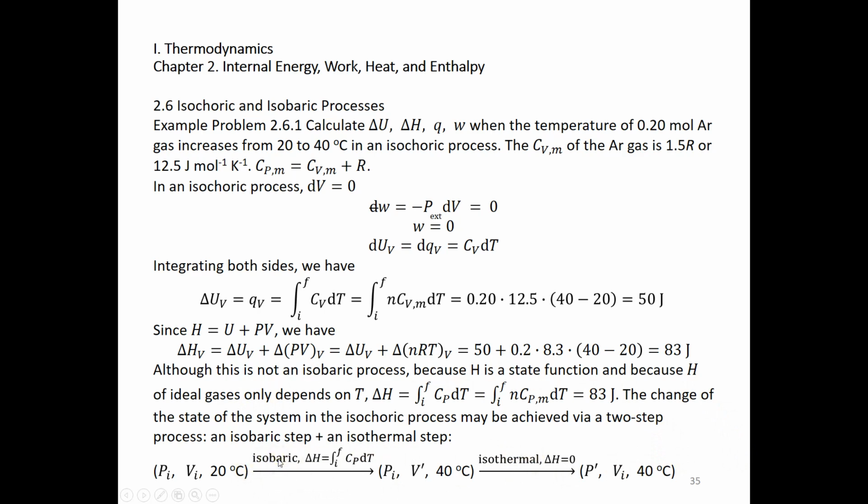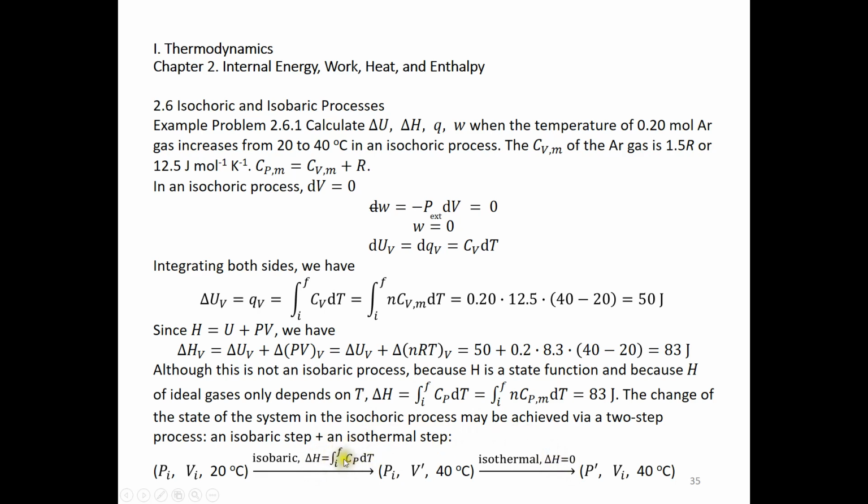In the isobaric process, I hold the pressure constant. Only the temperature changes. So obviously we can use this equation: delta H is Q sub P, the integral of Cp dT. What about the isothermal process? We know for the ideal gas, H only depends on temperature, and there's no change in temperature. Therefore delta H is 0. So we can sum up the change in enthalpy in these two steps.